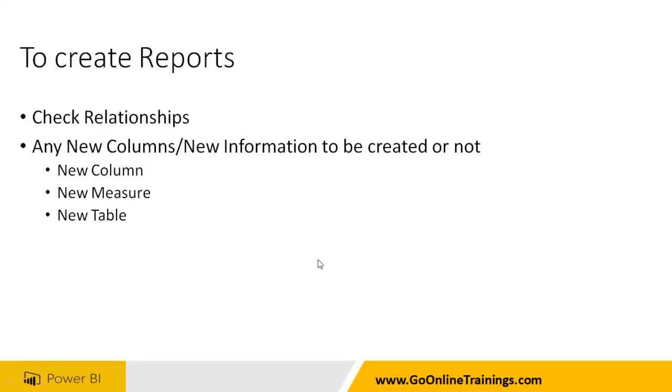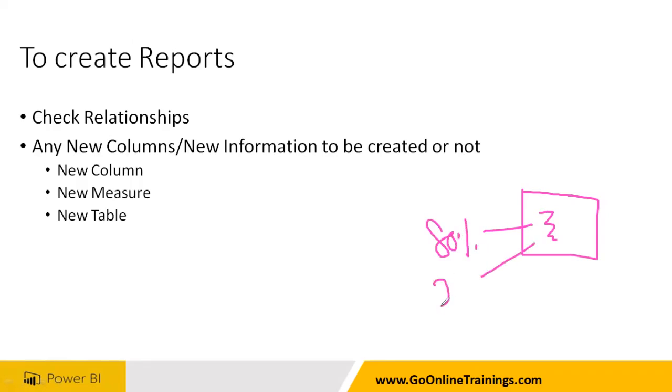Now, to create a report, we must check the relationships, and we also create DAX queries and DAX columns, right? You need to check whether any new columns or new information have to be created, because sometimes, for example, a customer has given you some data, and on this data you will be able to create only 80% of the report.